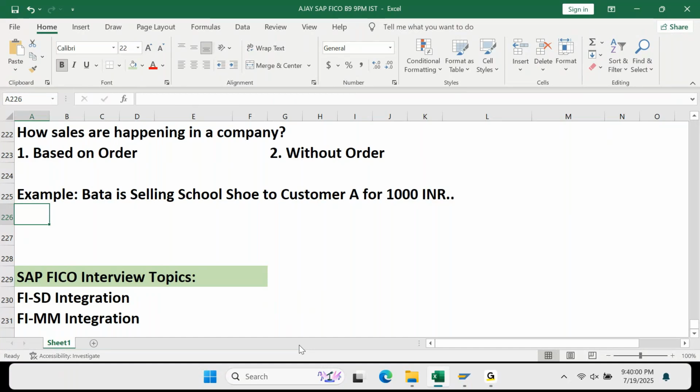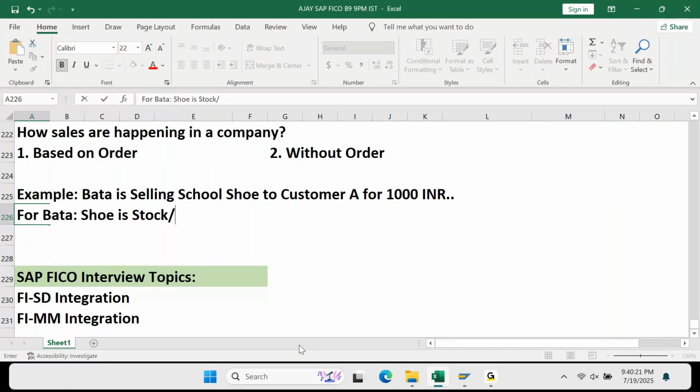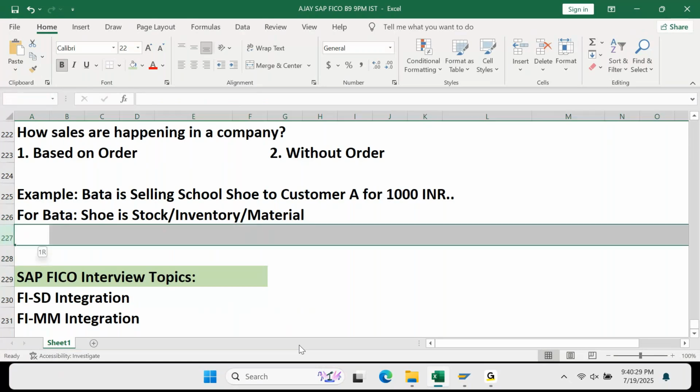Can be. Bata is selling school shoe to customer for 1000 rupees INR. Now for Bata, this shoe is stock, inventory, or material. Am I right?